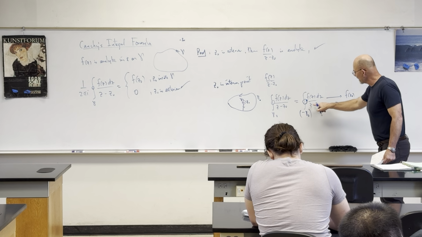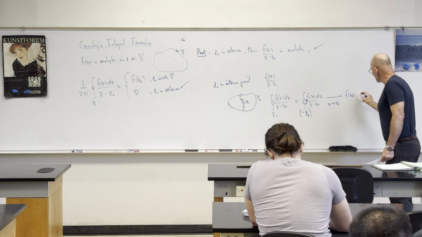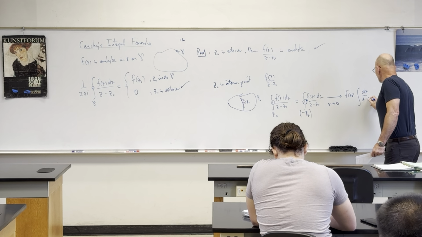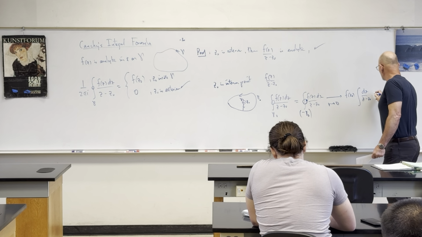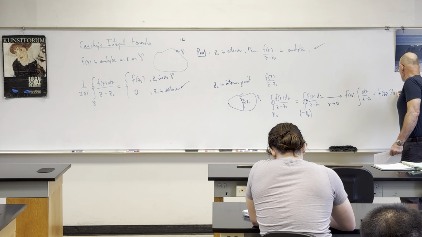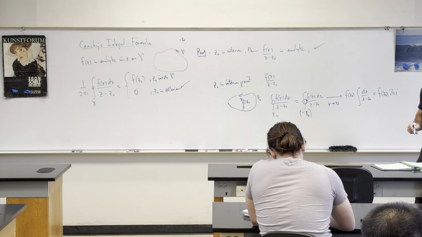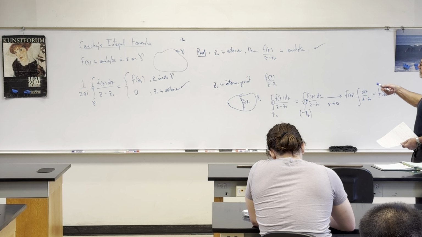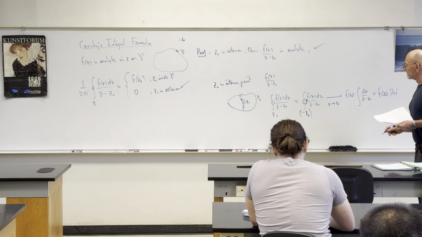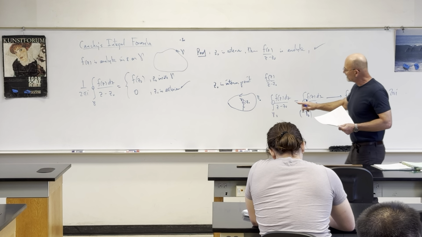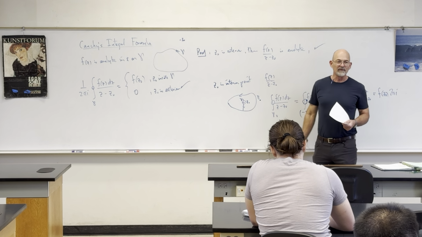So I can pull that out there, and then the remainder of that integral, dz over z minus z sub 0, gives 2 pi i, so f of z sub 0 times 2 pi i, and that gives us the formula. So the example I did before is exactly what I did for Cauchy's integral formula.